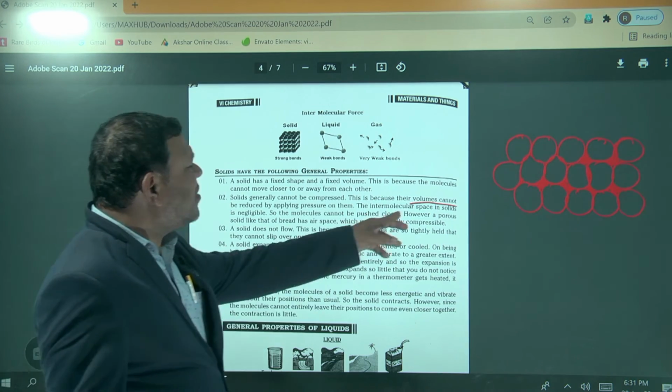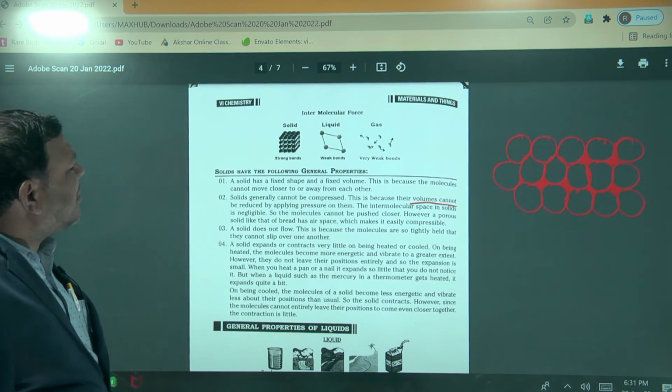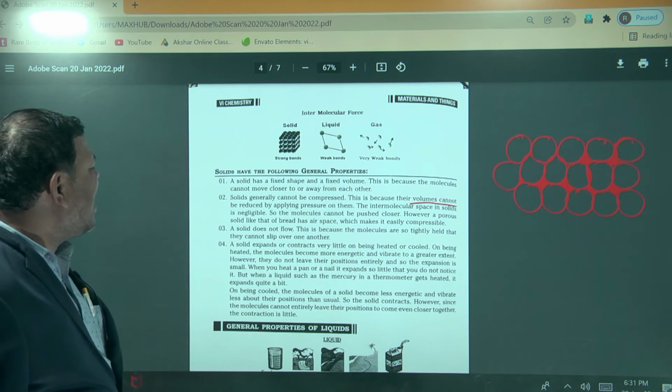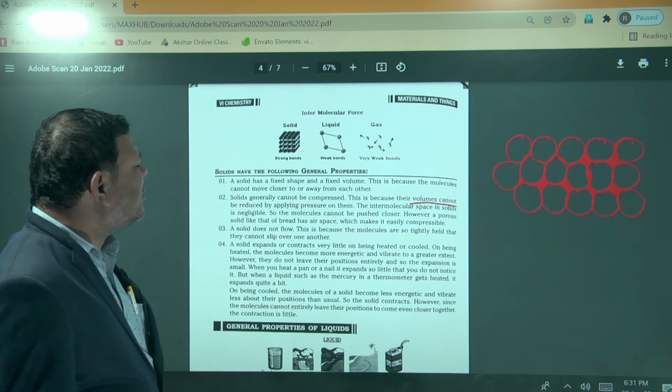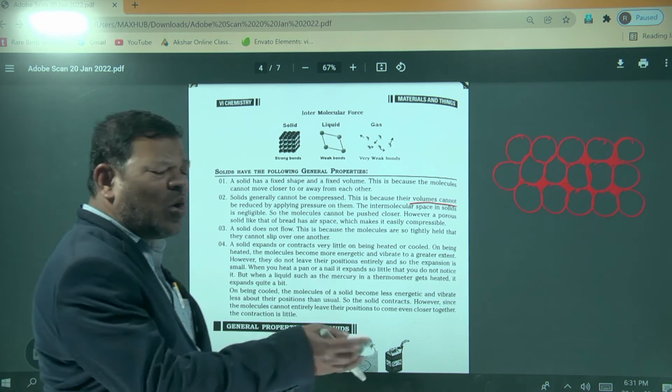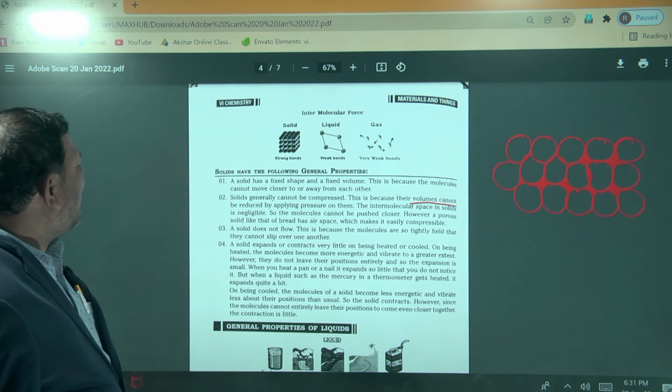The intermolecular space in solids is negligible, very small. So the molecules cannot be pushed any closer, they cannot move, they are already packed.